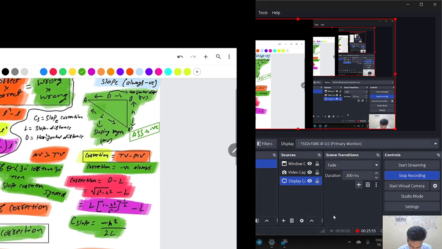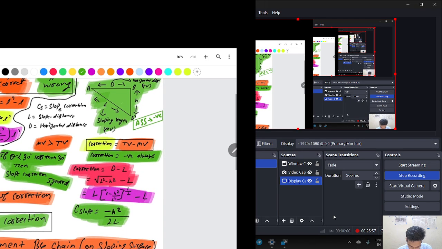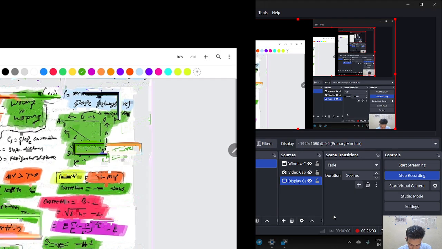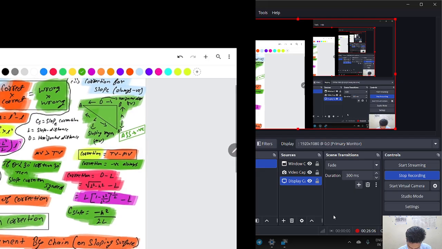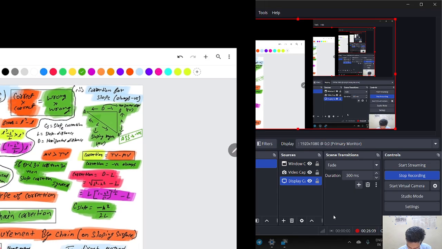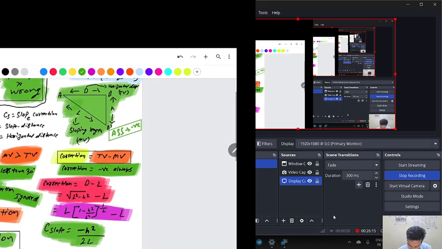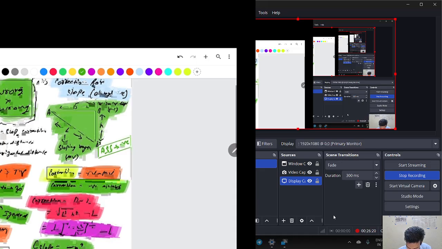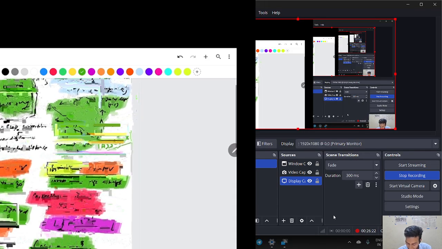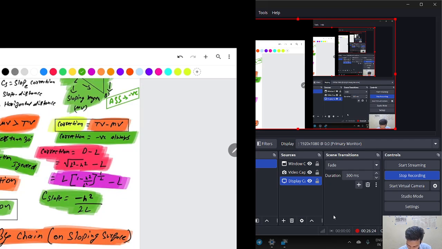Remember the formula. Here, if theta is less than 30 degrees, then slope correction can be ignored. Correction true, correction D minus A. Only remember this. I have derived this, but we only remember the correction for slope is equal to minus hypotenuse square upon 2L.